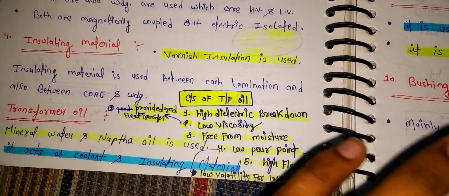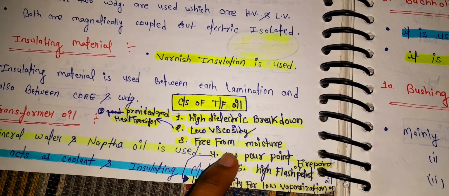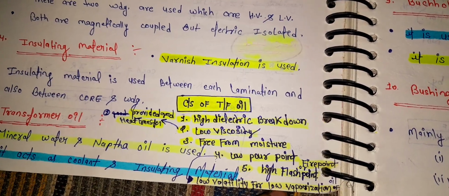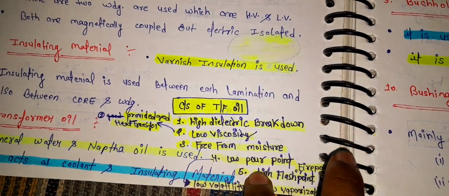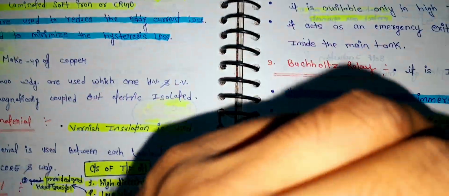So it acts as a coolant and insulating material. Low volatility means low vaporization of the oil. So these are the characteristics of transformer oil. This is enough for today's class.